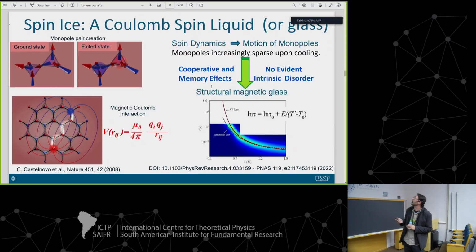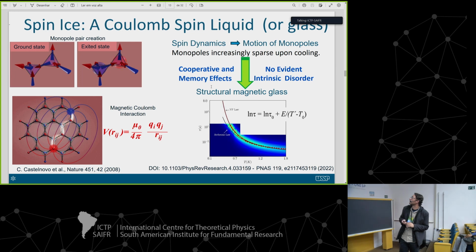This one here cannot order in a uniform way. It's so frustrated that it cannot order in a uniform way at all, right? The only thing you see is this 2 in, 2 out local order. Right. But the other ones are a little bit less frustrated, and that's why they can, right?